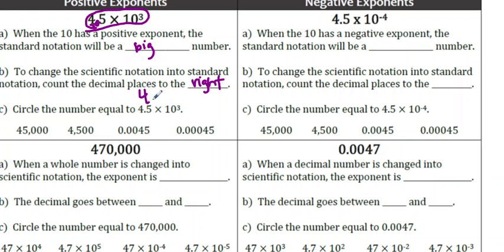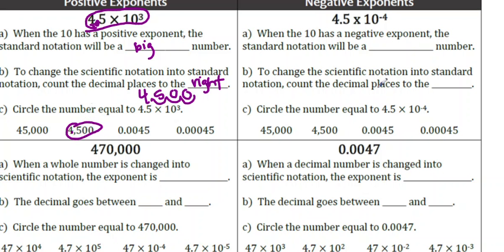So if I have 4.5, this tells me, since it's positive, I'm going 3 to the right, so I go 1, 2, 3. Okay, remember, you're counting the 3 movements. Since that's 3, I should see 1, 2, 3 humps, and then I fill in with zeros, and I get 4,500. Okay, so this is my answer.